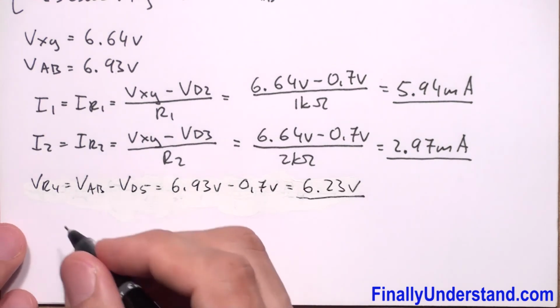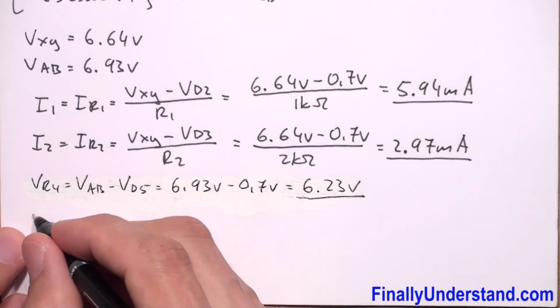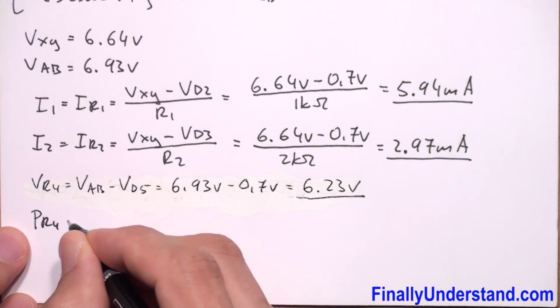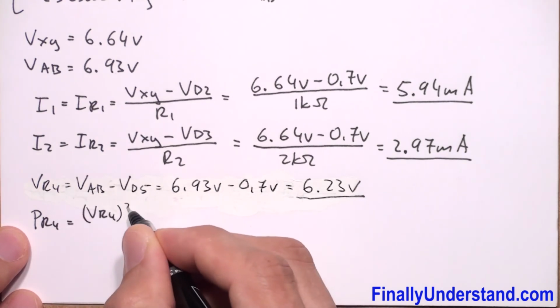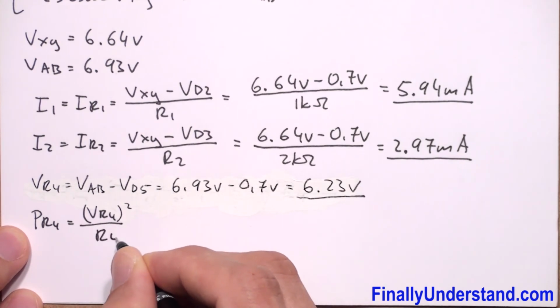Next, we are going to use the formula for power, which says PR4 is equal VR4 to the second power over resistor R4.